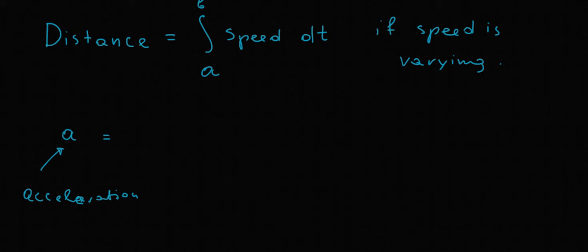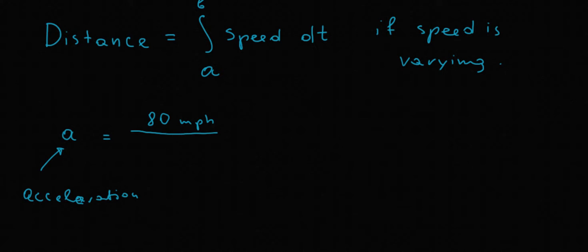It will be equal to 80 miles per hour. That's an increase in speed. The speed goes from 0 miles per hour to 80 miles per hour. That's an increase of 80 miles per hour, divided by the time it took for the car to accelerate from 0 to 80 miles per hour, which is half a minute.